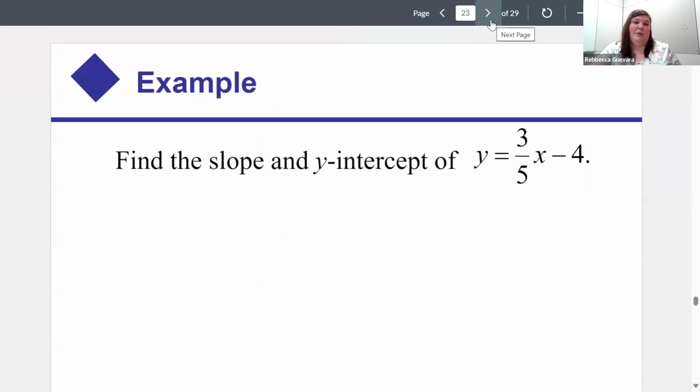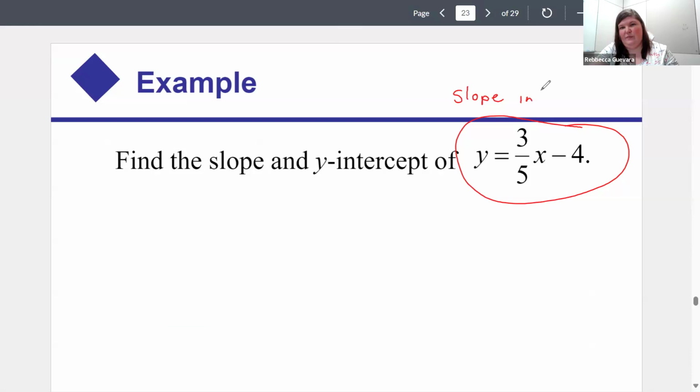So just an example, we want to find the slope and the y-intercept. As we see, we are in slope-intercept form, y equals mx plus b.